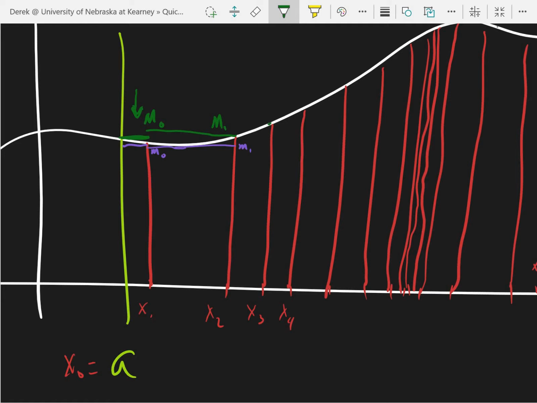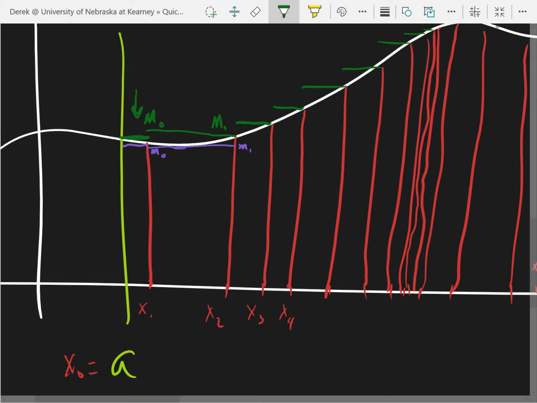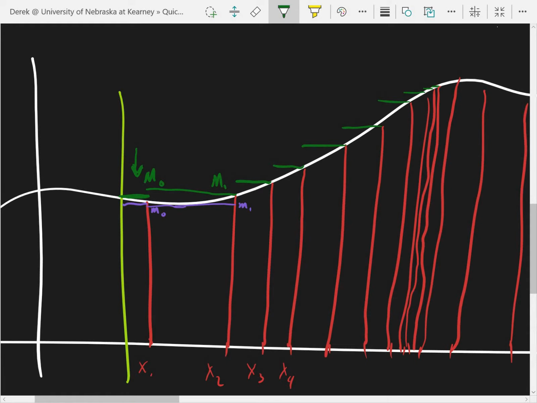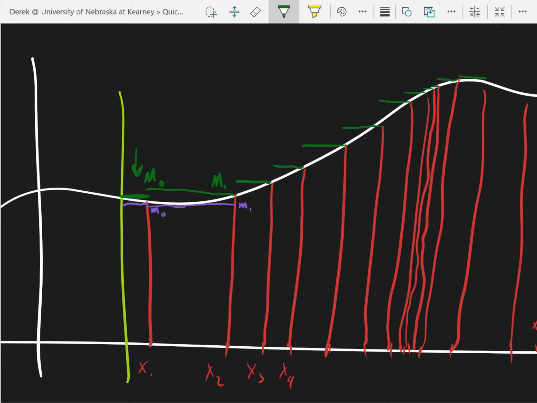And so I've got capital M2, capital M3, capital M4, capital M5, 6, 7, 8, 9, 10. Then in here it's sort of in the middle of the interval. We've got 11 and so on. And those are the upper ones. That's M2, M3, M4, and so on.